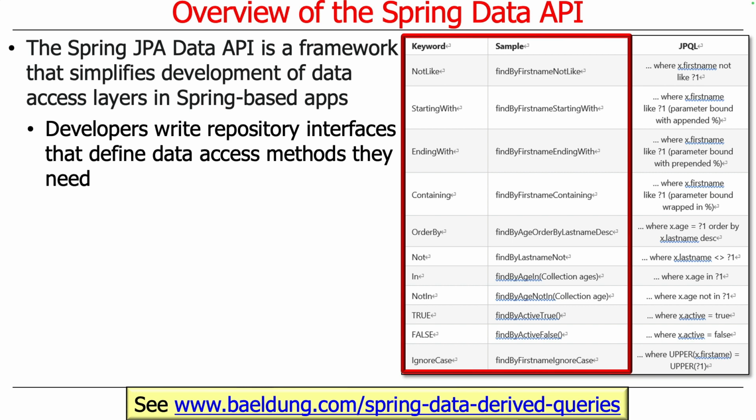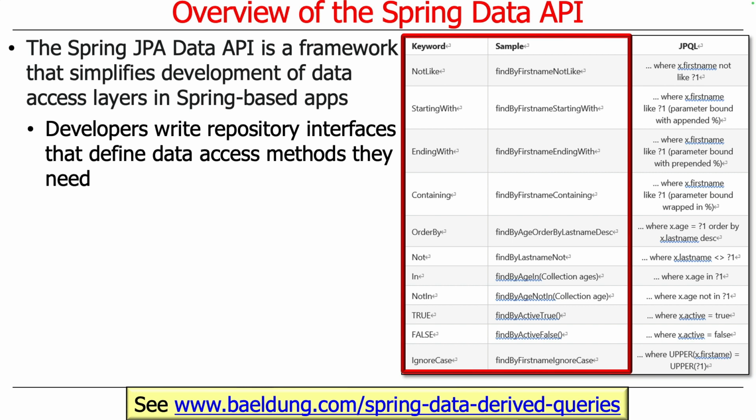There's basically a bunch of naming conventions. Depending on how you name the methods you put into this interface, it will automatically generate the corresponding SQL queries that will then be run against the database tables in order to find the contents in the database. You can see there's a bunch of keywords like containing, not, in, starting with, ending with.